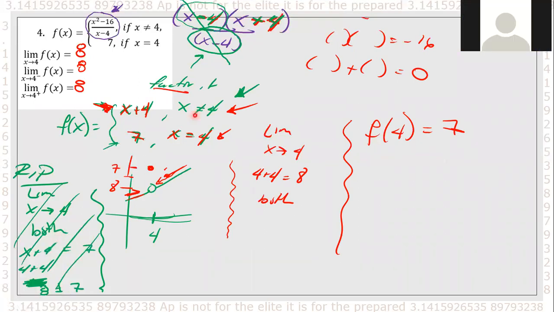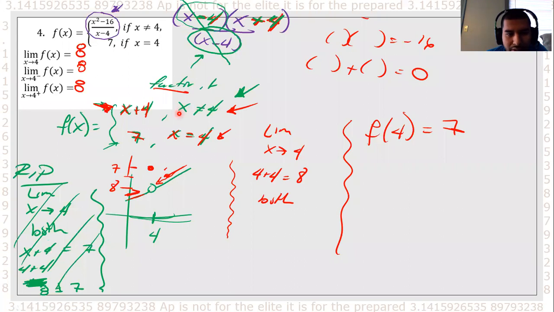So pretty much what I want you to see, and this one I didn't put on the homework, is that whenever you have something like this, you have to factor it out. So cross out stuff, factor it out, and then you get this new stuff. From that, we're going to think about what the parent function is.